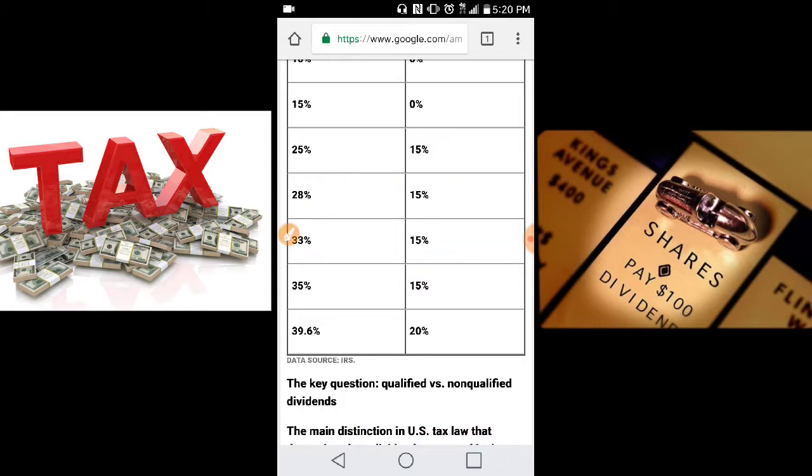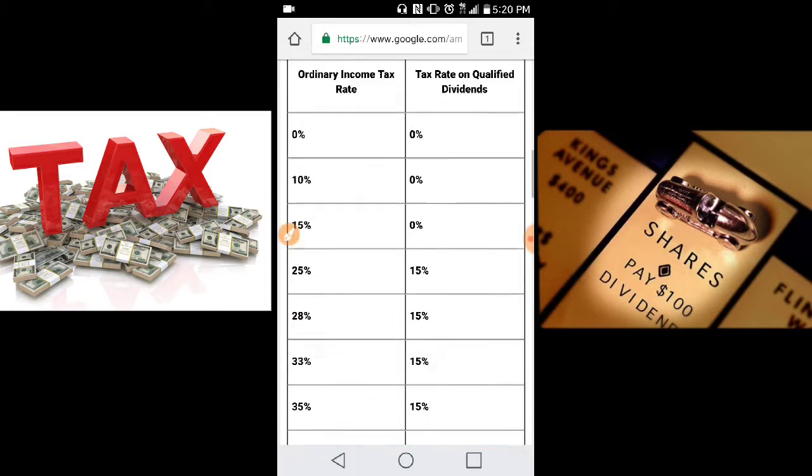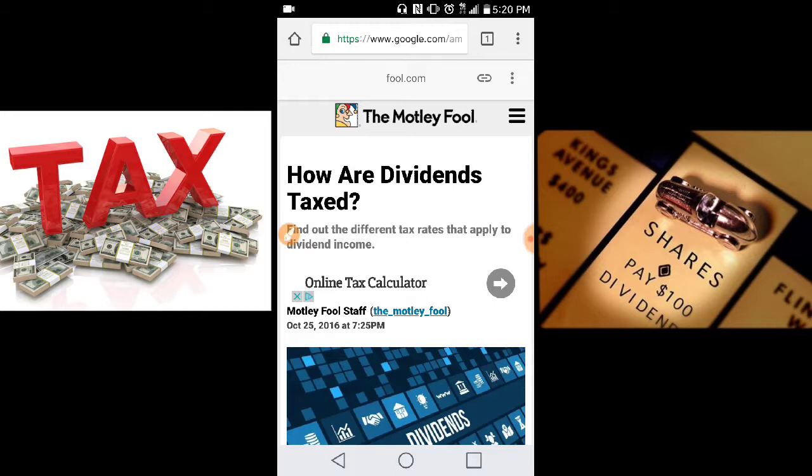So as you can see, it's 15% all the way until you get to that pretty much 40% ordinary tax, really high income earners. And at that point, you'll still get a decent discount of 20% at your capital gains tax. So let's take a look at one of my examples because there's actually another component that falls into it.